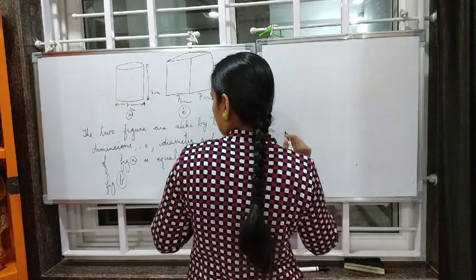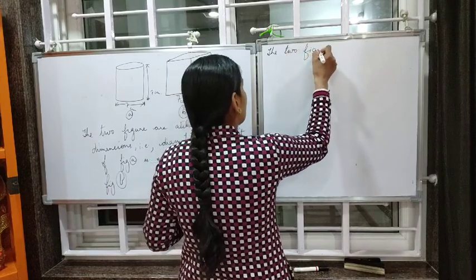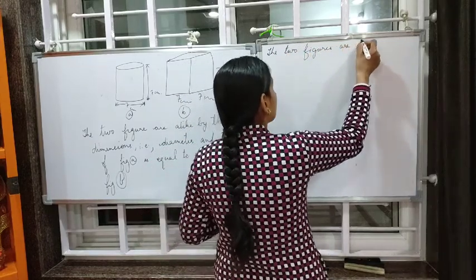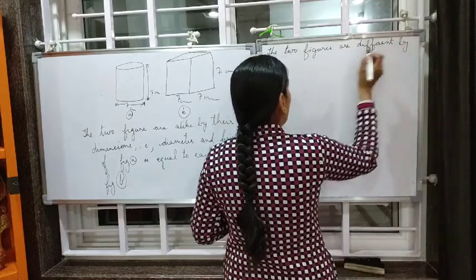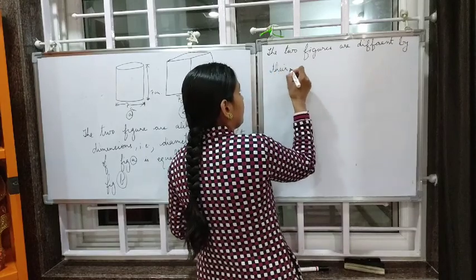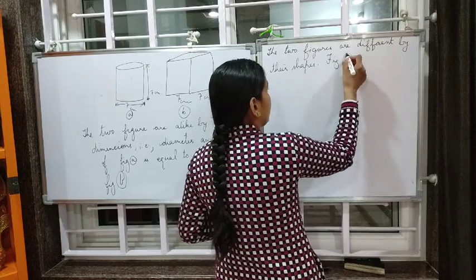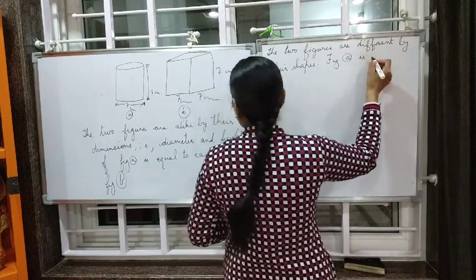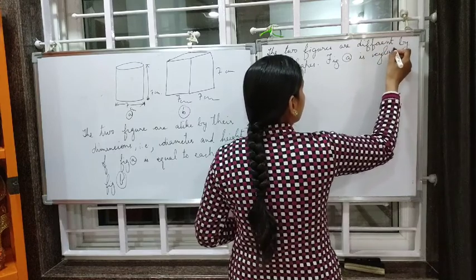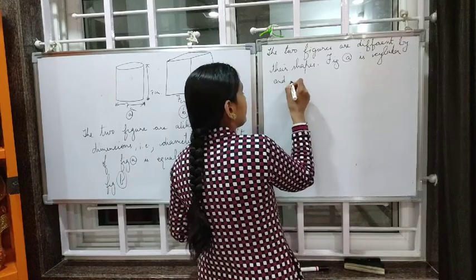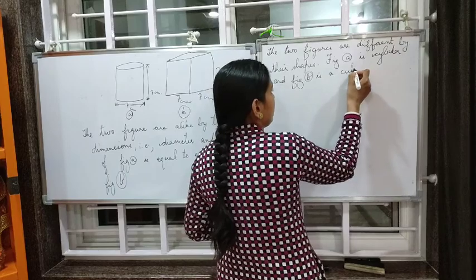So, the two figures are different by their shapes. Figure A is a cylinder and figure B is a cube.